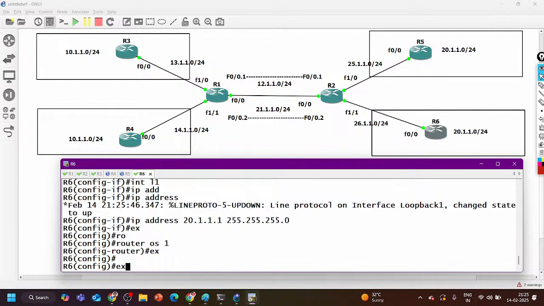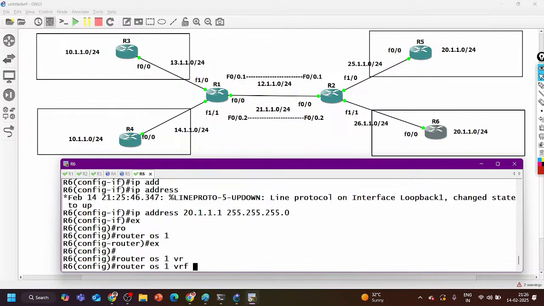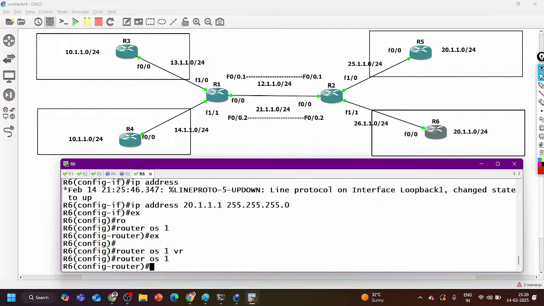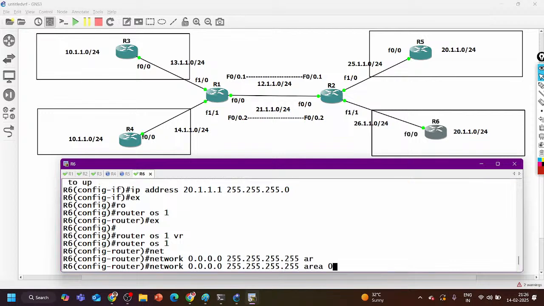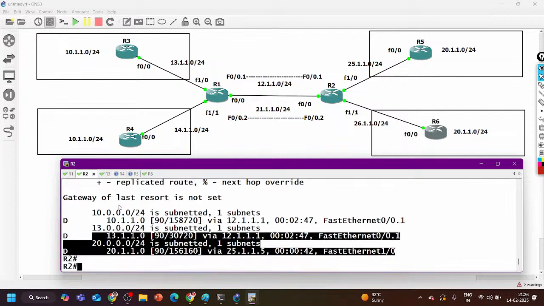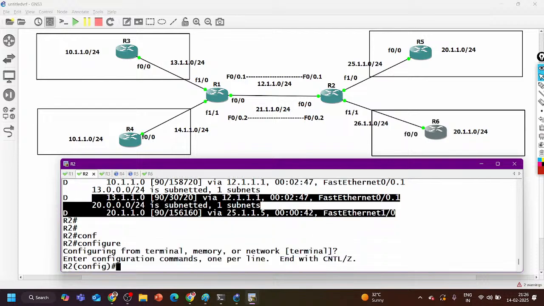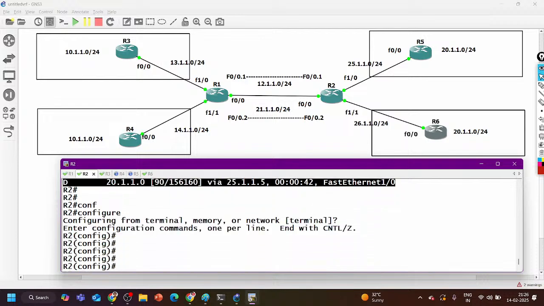Exit, router OSPF 1, not VRF here, network 0.0.0.0 255.255.255.255 area 0. Then go to R2 and let me enable OSPF on F1/1.